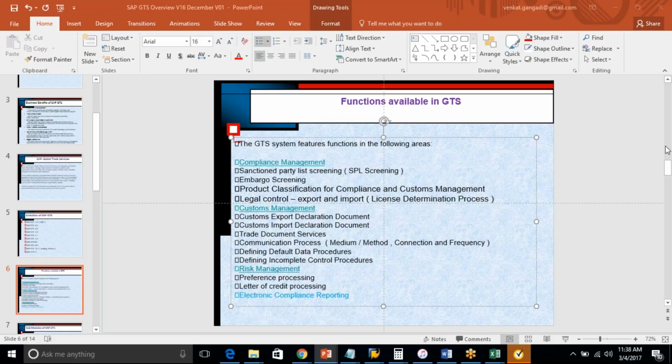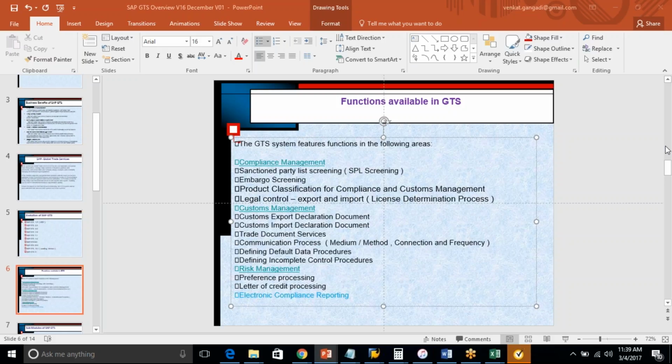I do not know, I never worked on foreign trade. What level of customization, what level of bespoke normally happens in GTS? Is it very minimal? You mean you are talking about the custom enhancements? Yes, bespoke. Yes, definitely we have.